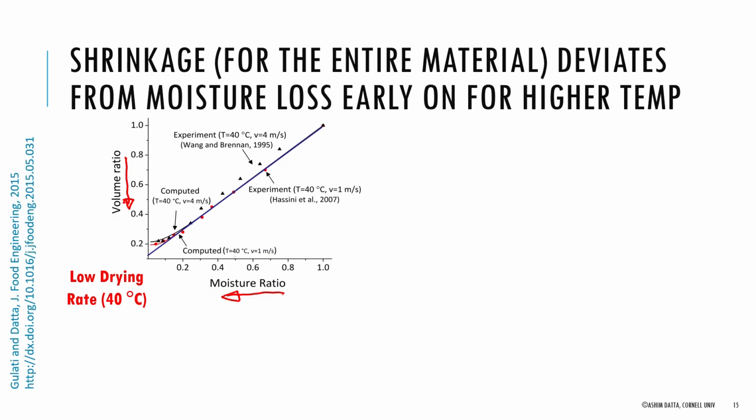For this low temperature or lower drying rate, this shrinkage is linear, or called almost ideal. What that means is the change in volume as it goes this way pretty much equals the change in volume of water lost. Only near the end here does it deviate from this linearity, from this ideal shrinkage, when the material has gotten harder.